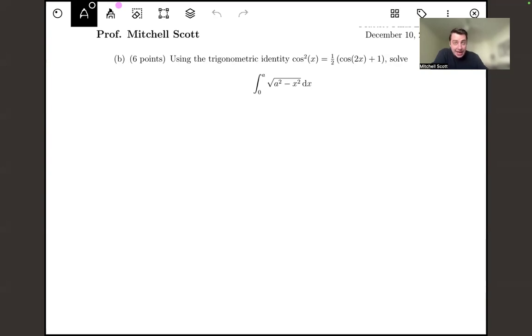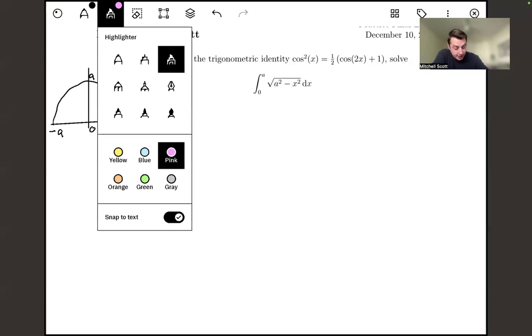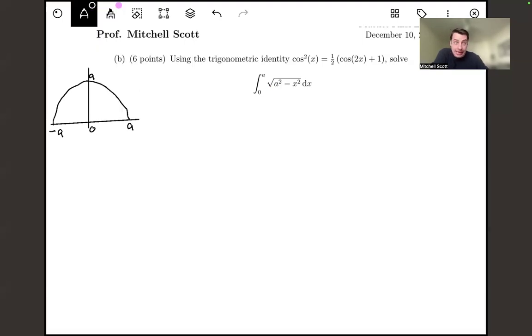In fact, it should, because this is the exact formula for a half circle, the upper half circle. And if this is 0 and this is a and this is minus a, what we're trying to do is figure out the signed area under the curve, which corresponds to this area.